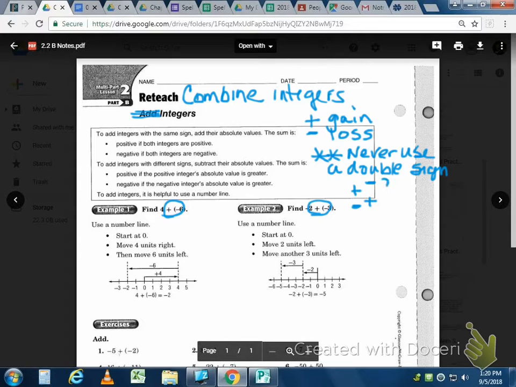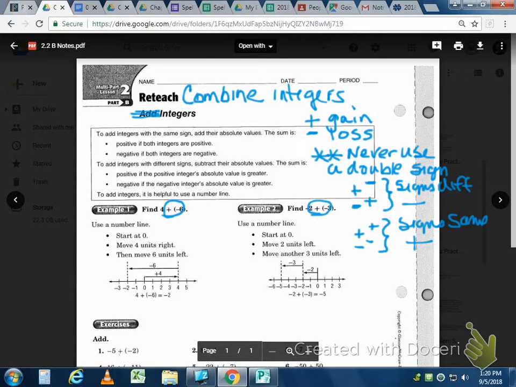I want you to immediately change this to one sign. So if the signs are different, I want you to just change it to one minus. And if the signs are the same, like a plus plus or a minus a negative, you need to change it to just a plus.